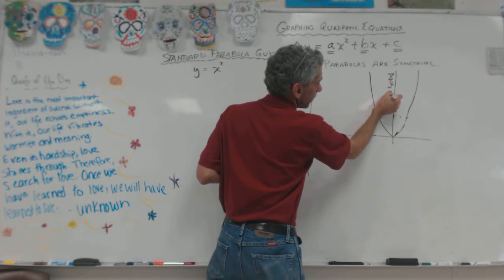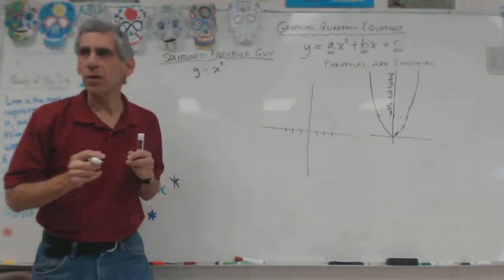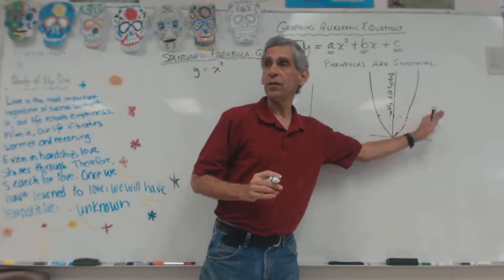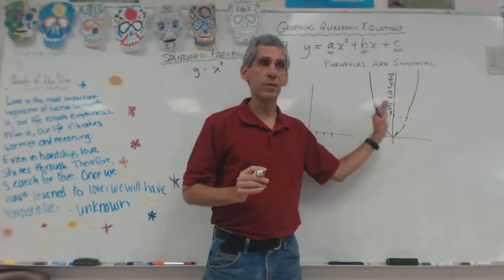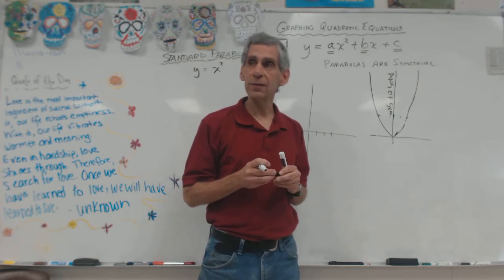This is called the axis of symmetry. It's the place where on either side they are mirror images of each other, of the parabola. Does that make sense? The axis of symmetry.